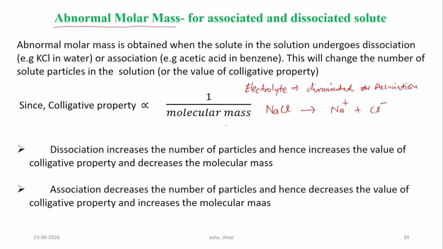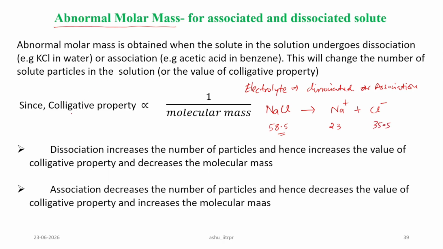So why is there an abnormal molar mass? Because the molar mass of NaCl is 58.5. Whatever experiments we are doing, we will take the calculation as 58.5. But when NaCl is dissolved in water, it dissociates into Na plus and Cl minus. Na plus is 23, the sodium atom, and chlorine is 35.5.